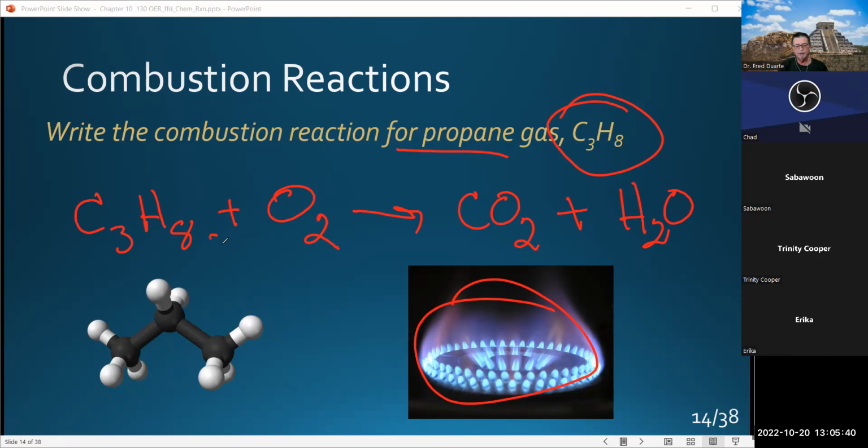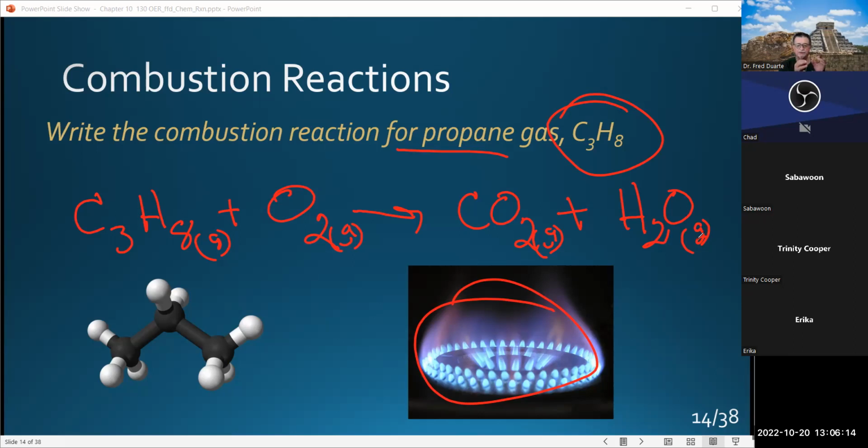So we have propane gas, obviously, and oxygen gas, okay, and carbon dioxide, also a gas, and water, which because it's burning and it's hot enough to boil water, will also be in the gas phase. Okay. So everybody's in the gas phase, and that is the equation for the combustion of a hydrocarbon in the presence of oxygen to produce carbon dioxide and water.